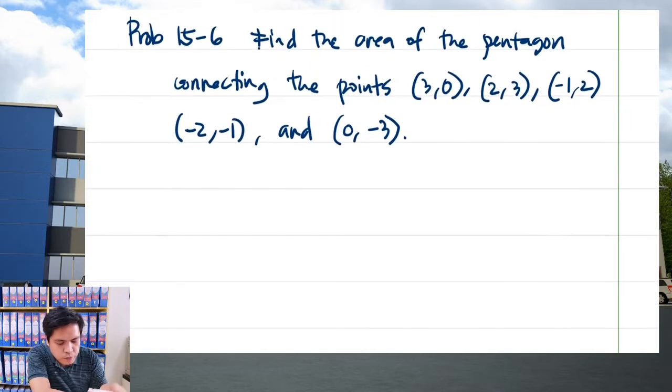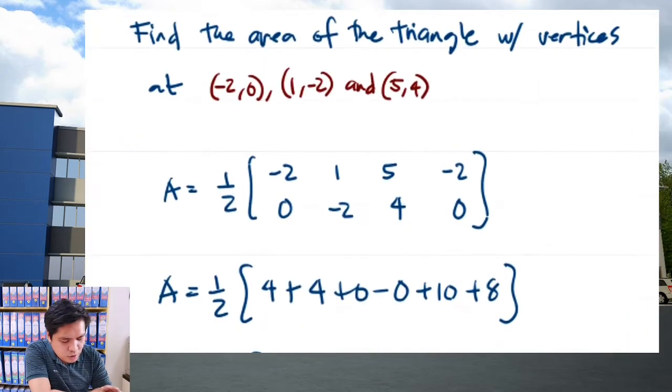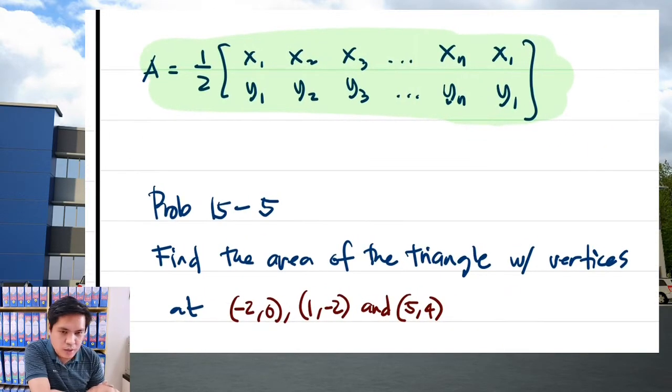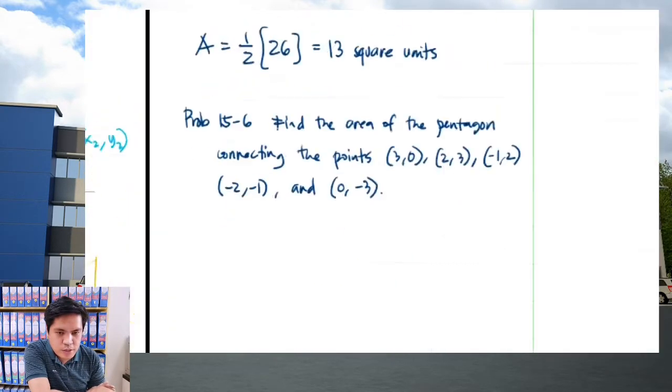Problem 15-6. Find the area of the pentagon connecting the points 3, 0, 2, 3, 1, -1, 2, -2, -1, and 0, -3. Okay, parang madali lang. Kasi, although pentagon siya, I can always use this same pattern. Etong pattern pa rin. Up to x5 lang tayo.